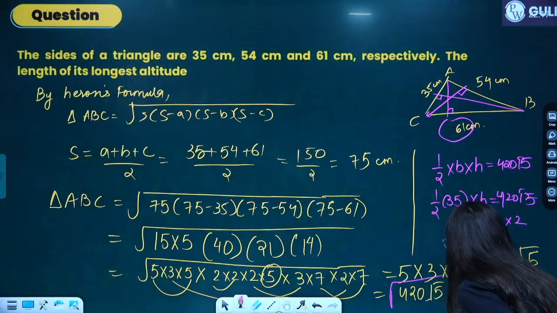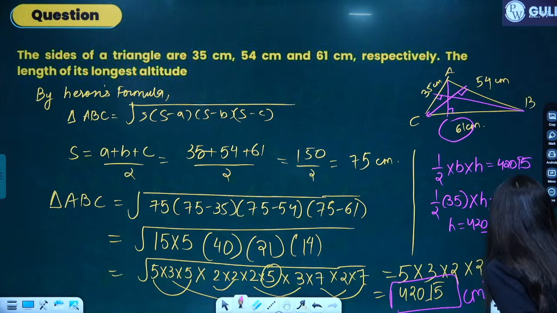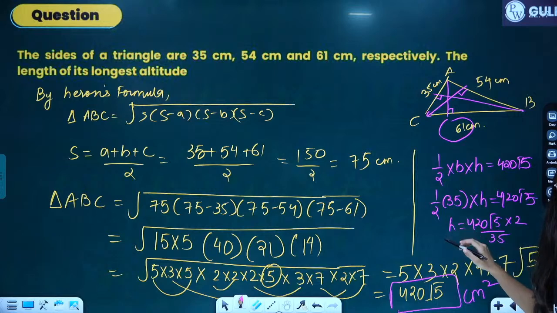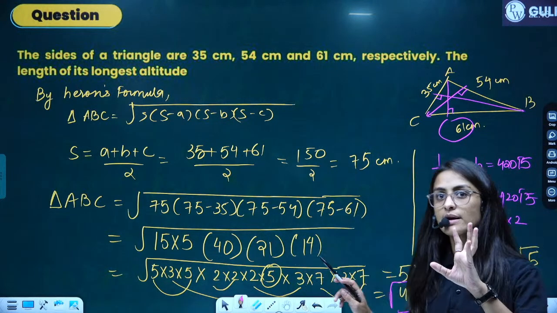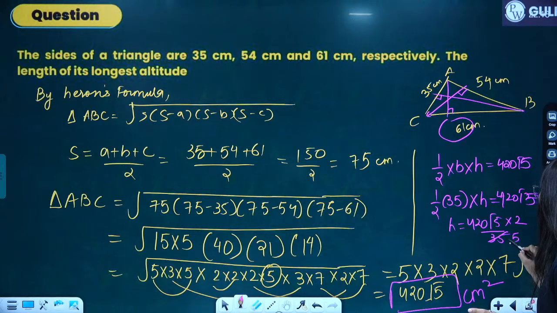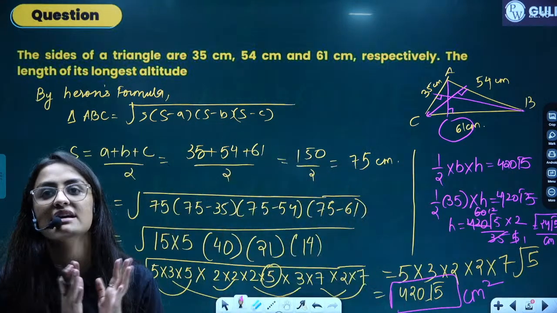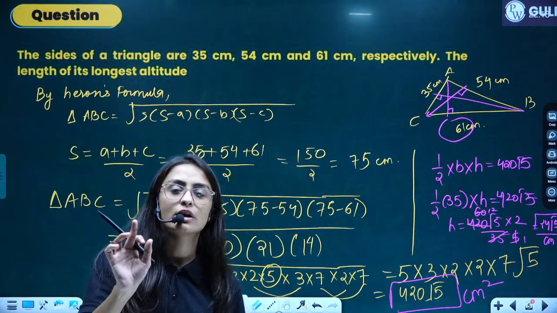You know this is my area, 420 root 5 centimeter square. Now here, if you are asking about this H, let me take. See here, I can apply the 7 table over here, right? 7 5s are 35, 7 60s are 420, 5 1s are 5, 12 5s are 60, right? So here 12 2s are 24 and root 5 I am having. So that's why I am getting 24 root 5 centimeter. Just simplifying it by 7 table first.